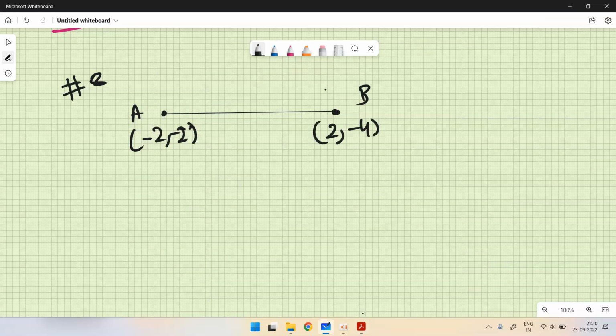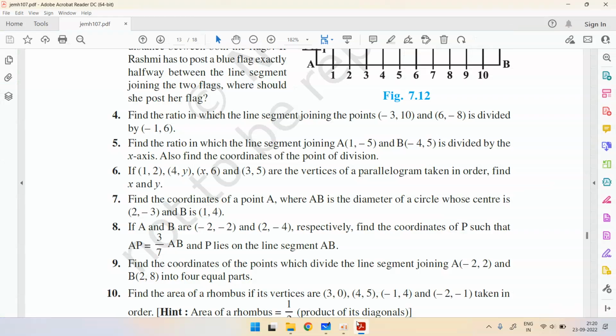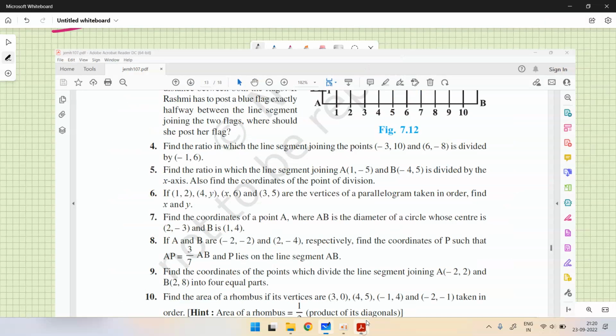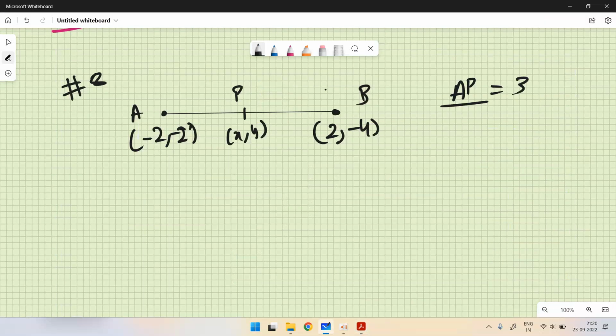Let me say this is my point P. I don't know about this point P. I am taking its coordinate as (x, y), but what I know is that AP equals 3/7 AB.